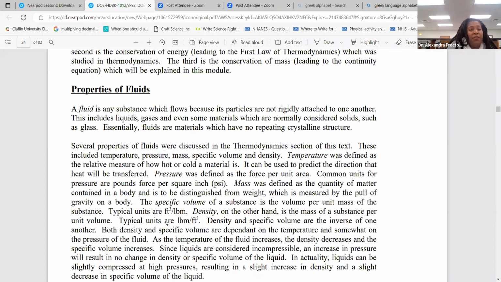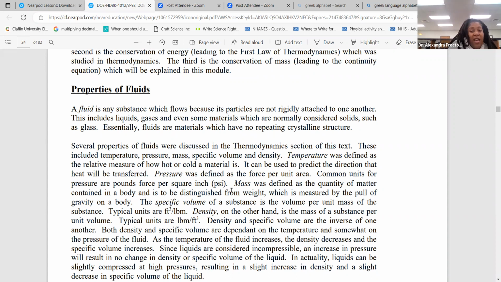Several properties of fluids are discussed in the thermodynamic section of the text, and these are temperature, pressure, mass, and specific volume. Remember, we said that these are extrinsic properties. Temperature was defined as the relative measure of how hot or cold a material is. It can be used to predict the direction in which heat is transferred.